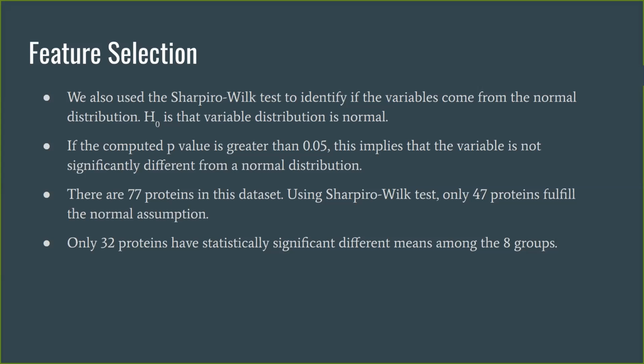This could be the reason why, because you left out 30 proteins for a reason that is very suspicious, which is they don't fulfill the normal assumption. So this is the part that I think can be improved. That's why if you rerun this, maybe the other group has done it slightly differently.